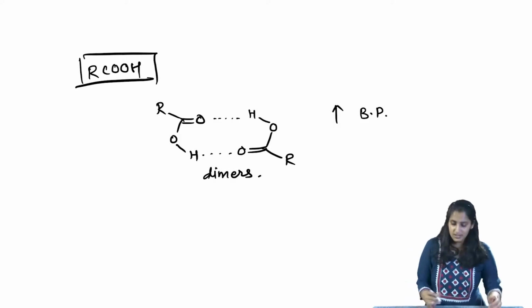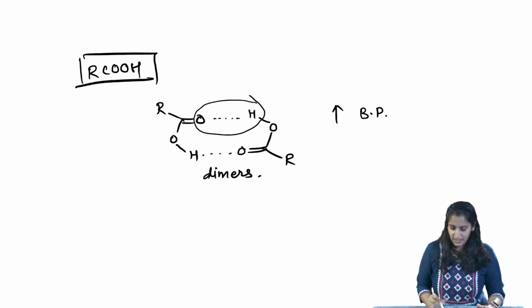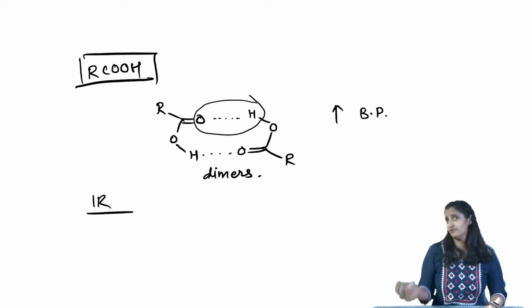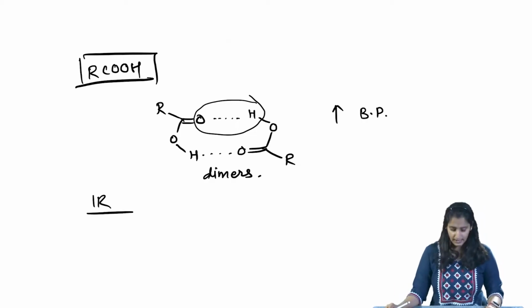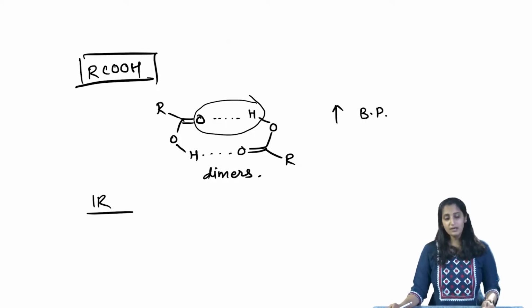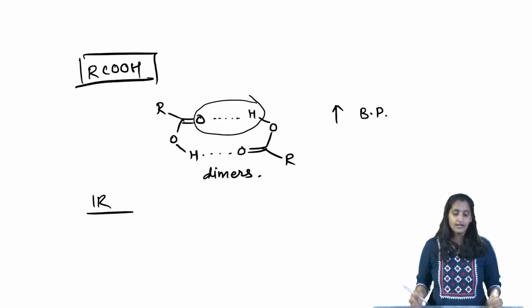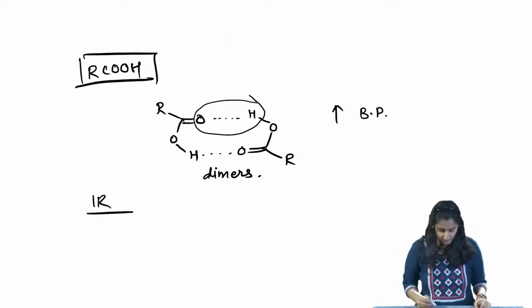Now, because of this hydrogen bonding that is taking place, carboxylic acids show a very typical IR peak. Now, we have discussed a little bit about IR, the infrared spectroscopy. Remember IR is going to talk about how strong a particular bond is or how tightly it is held, and what is the vibrating frequency for that bond.